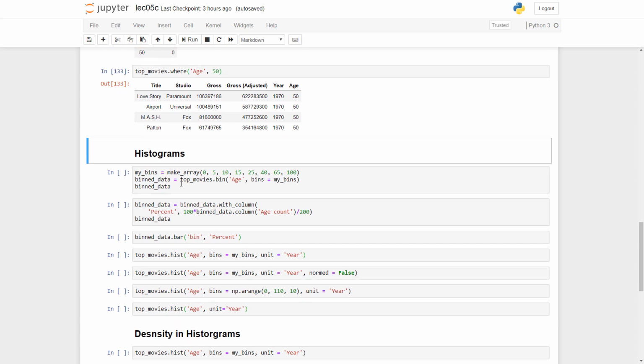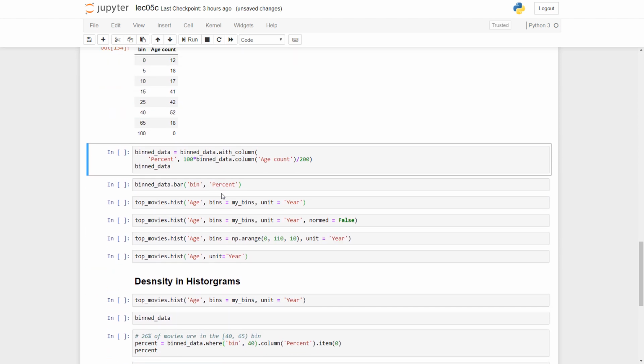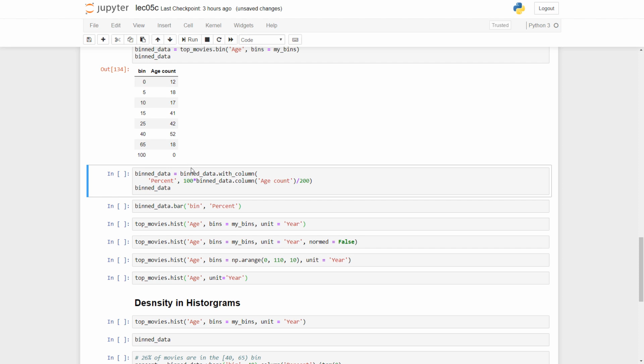We are back to the same bins and the same movies data. So here is the binning table that we had before. Okay, look at this and tell me what we are doing here. Okay, so we are adding a column, which will be called percent.